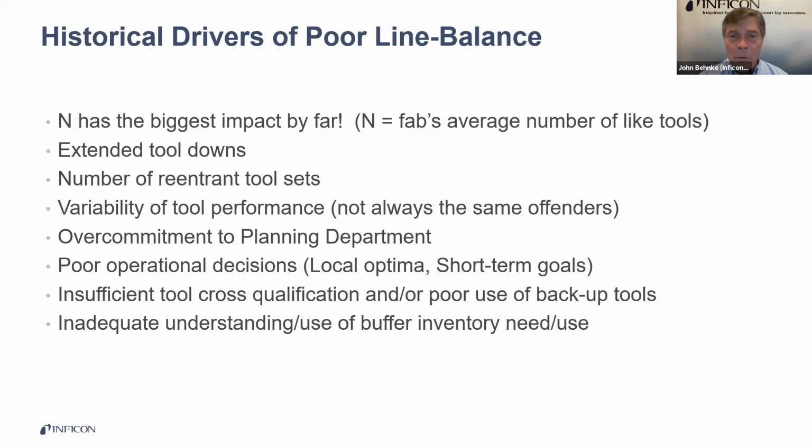That means they're going to pull for the last couple of weeks to make some short-term goal and completely mess up your line. I'm sure many of you on the line are chuckling because we've all been there and done that, but it's a pretty significant problem, and unfortunately it's a loop problem that gets worse over time.